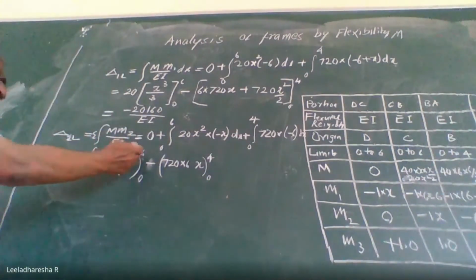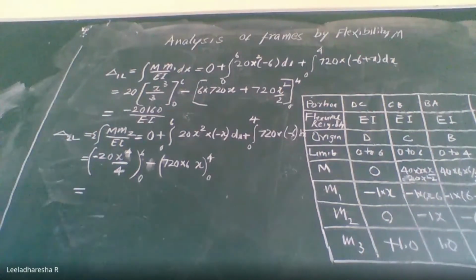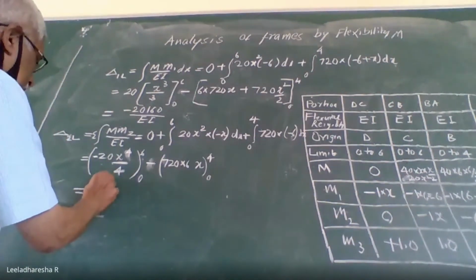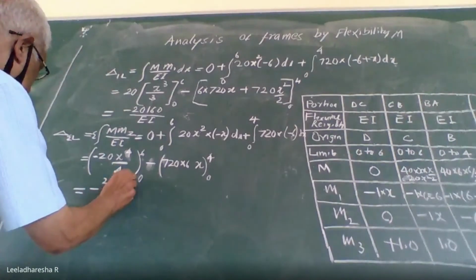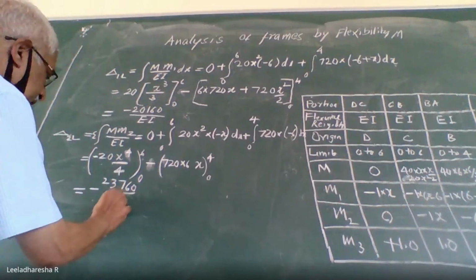Substitute the limits of x and simplify. You are going to get delta 2L as equal to minus 23760 divided by EI.